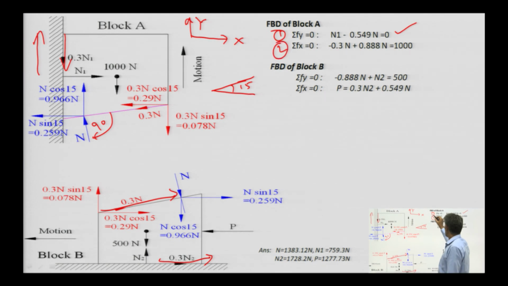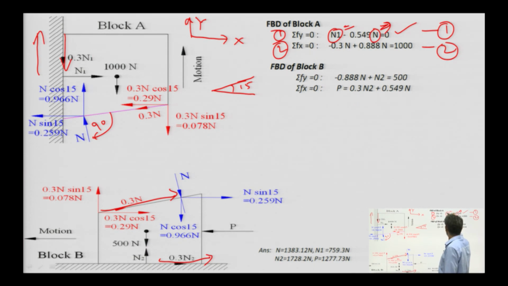After applying the second equilibrium equation, sigma Fx equal to 0, we will have another equation. By solving these two equations, we will have the value of N1, and we can calculate the value of N.